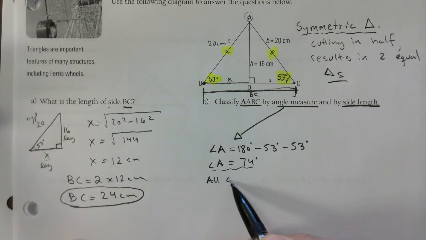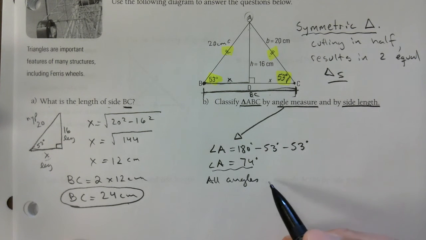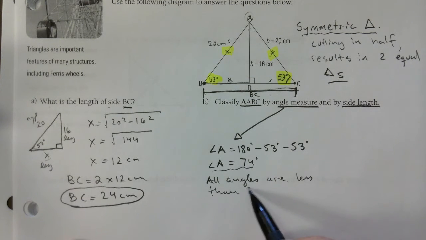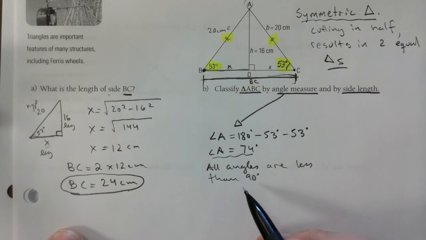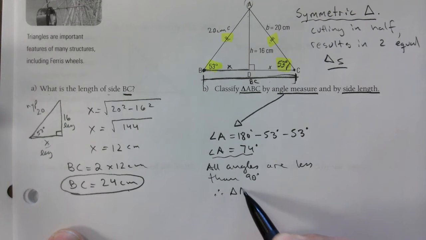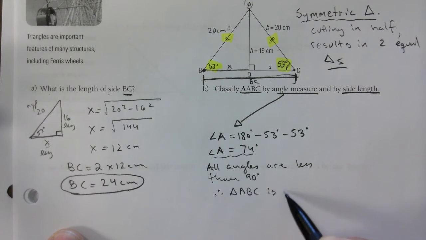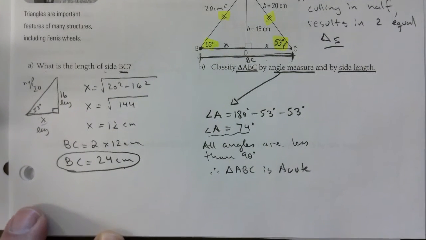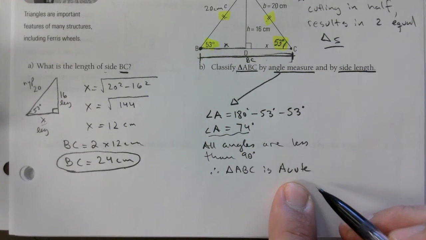All angles are less than 90. You don't have to give me this much explanation on a test or quiz. But therefore, triangle ABC is acute. Okay? When it comes to angles, it's acute.